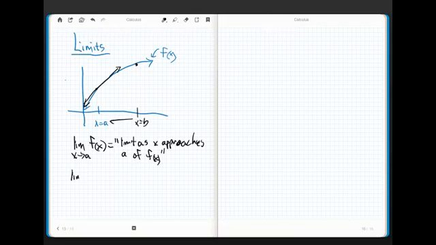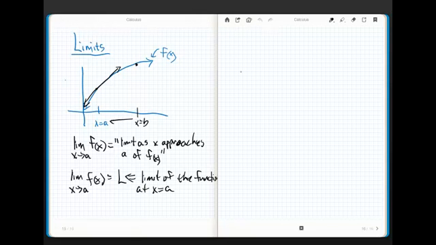Now, if it equals a number, the limit as x approaches a of f of x equals L, then this guy right here is referred to as the limit of the function at x equals a.